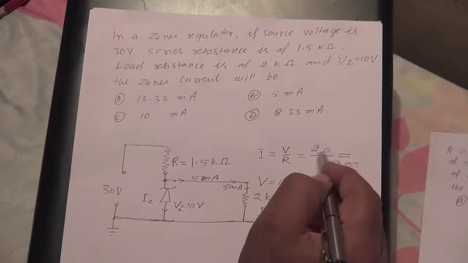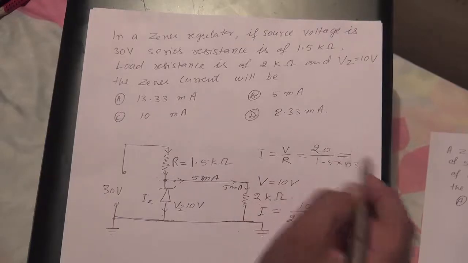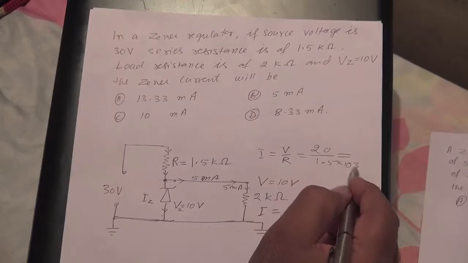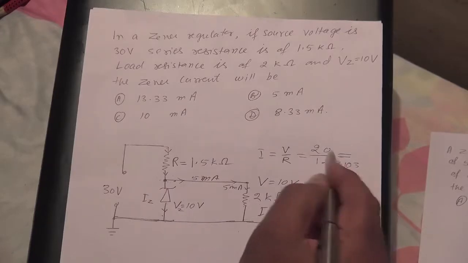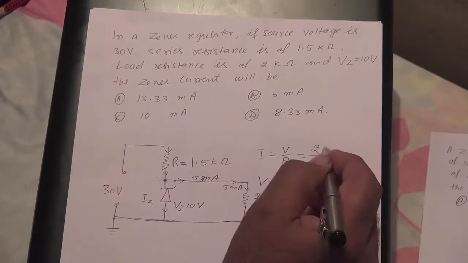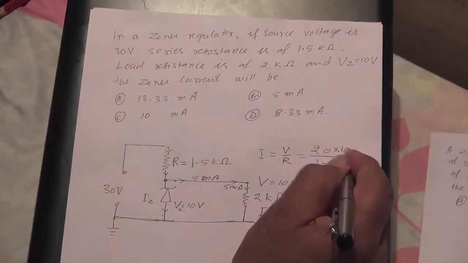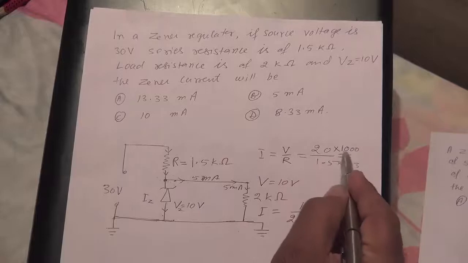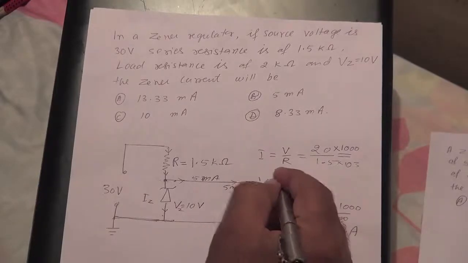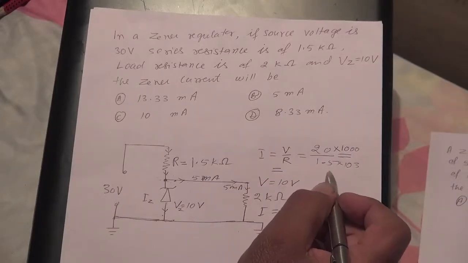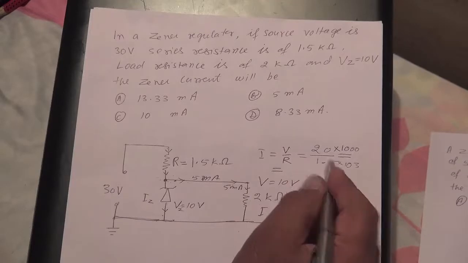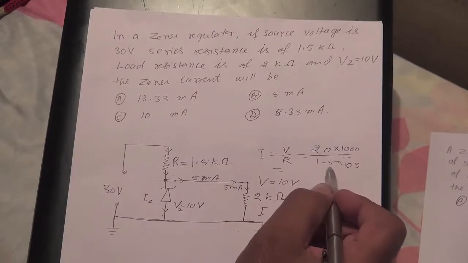Now if this comes in ampere, we want to convert it to milliampere. For milliampere conversion, we multiply it with 1000, and now it comes to 20 divided by 1.5.